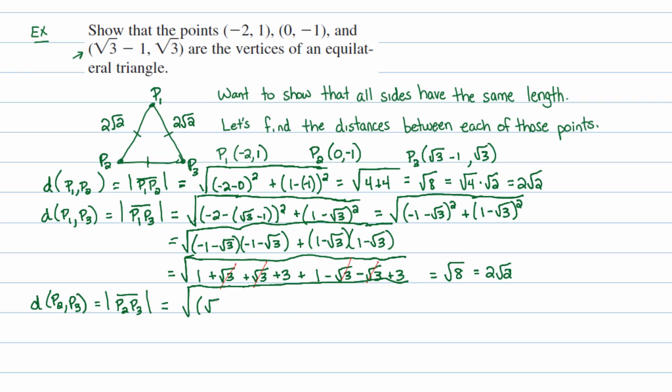So let's do first x value, which is root 3 minus 1, minus second x value, which is 0, being squared, plus first y value, which is root 3, minus the second y value, which is a negative 1, being squared. That is equal to, just simplifying it down, the square root of 3 minus 1 being squared, plus the square root of 3 plus 1 being squared.